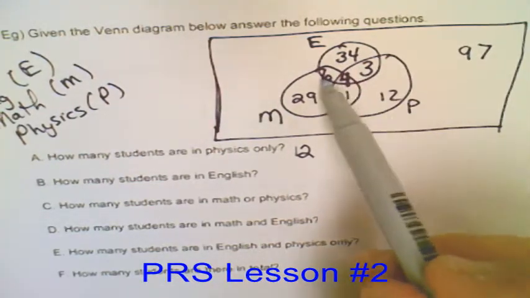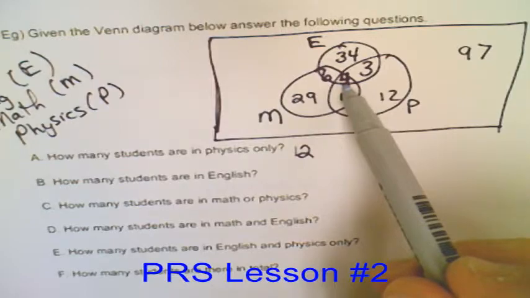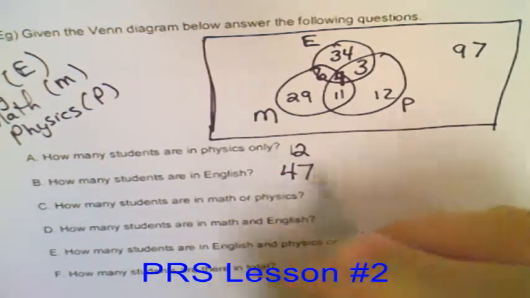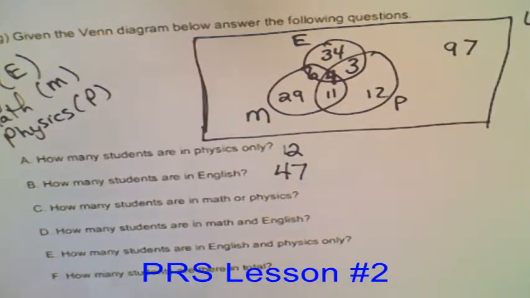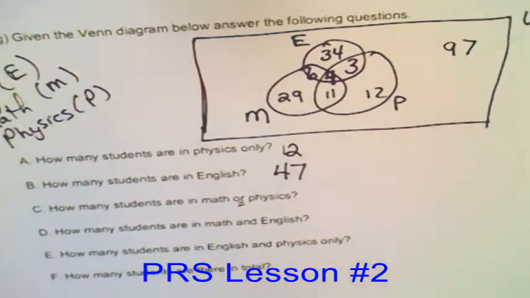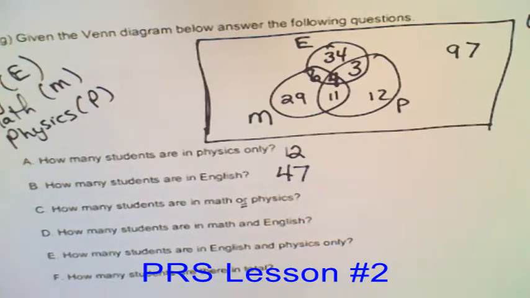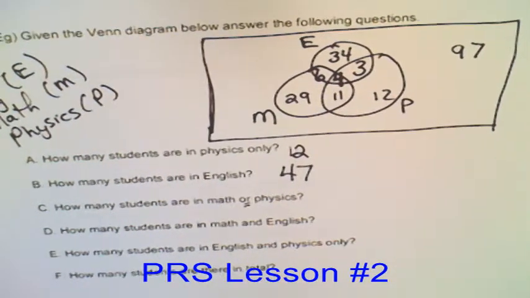So from there, you can ask yourself all these questions. How many students are in physics only? Well, physics is this circle. There's 11 plus 12 plus 4 plus 3 in physics, but this is physics only, so that's just the 12, because that's the part that's in physics and no other circles that I've got.